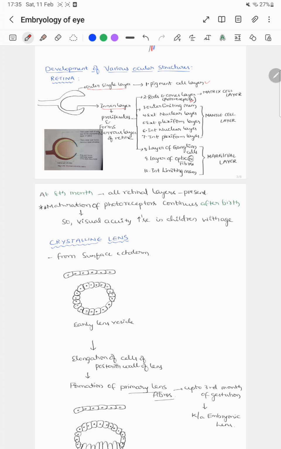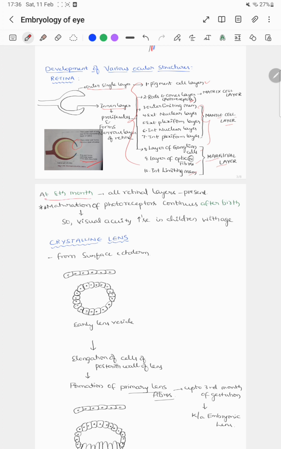These all constitute the mantle layer of the retina, and then the ganglion cell layer, optic nerve fiber layer, and internal limiting membrane form the marginal layer. Thus the retina has 10 layers. These two layers continue anteriorly as a single layer and form part of the iris and ciliary body. You can clearly appreciate it from this picture.